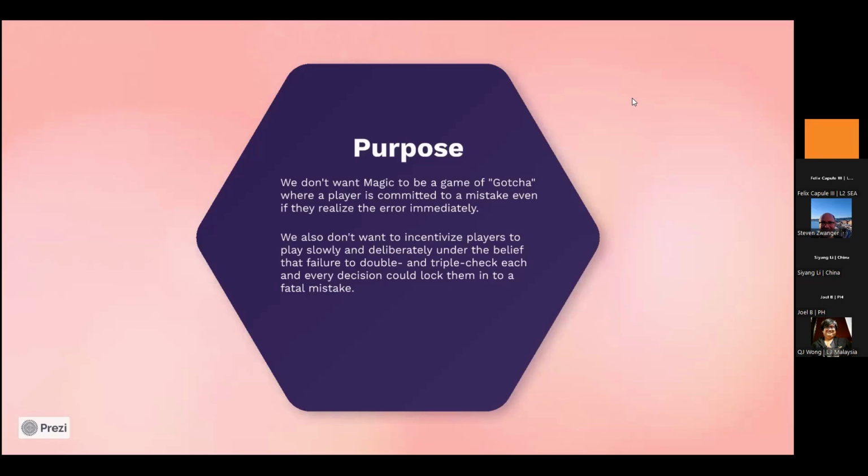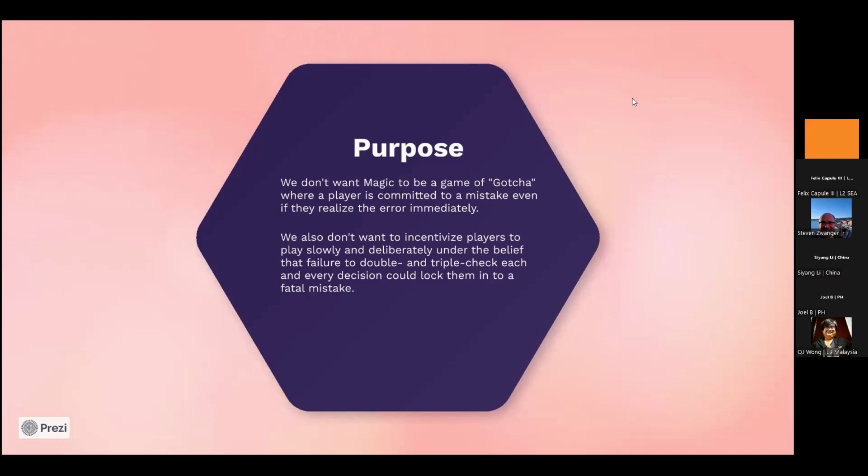You know, if a player plays the forest on their first turn and suddenly realizes, hey, I have Counterspell in my hand, I really should play an Island so that next turn I can also play an Island and then I'll be able to cast Counterspell. We don't want them to be stuck with that mistake just because they realized it a little bit too late.